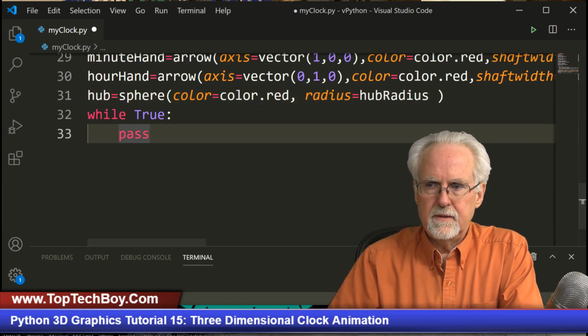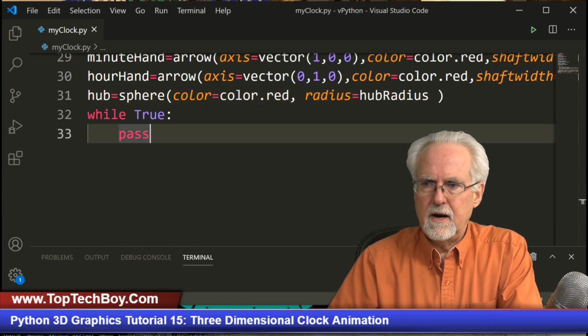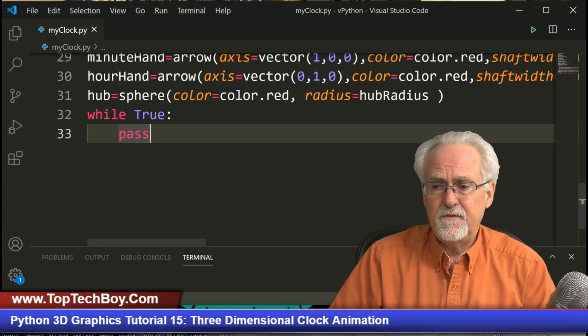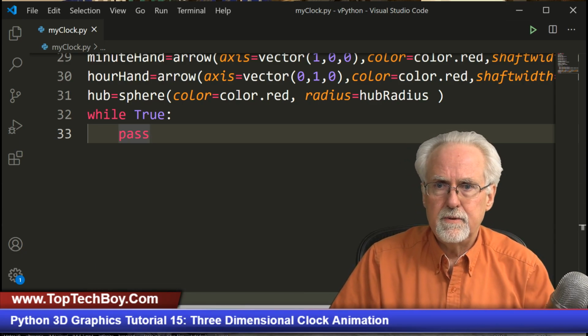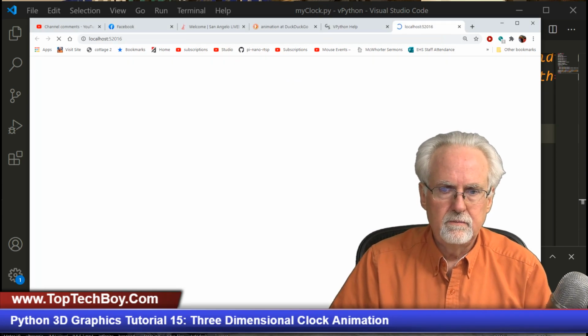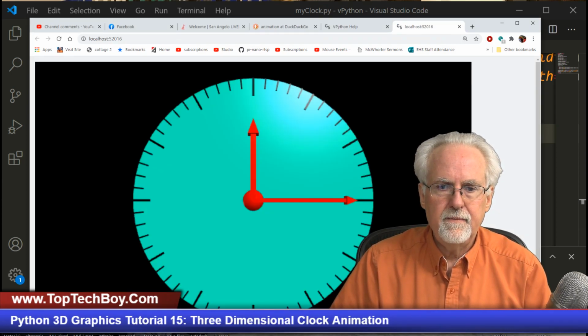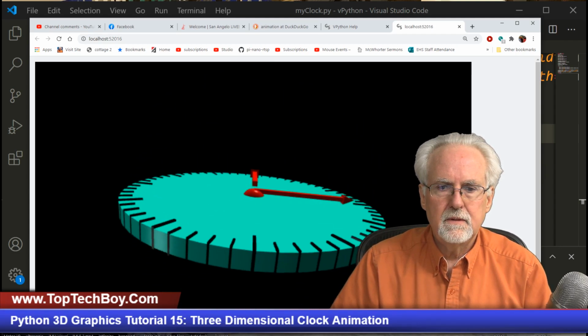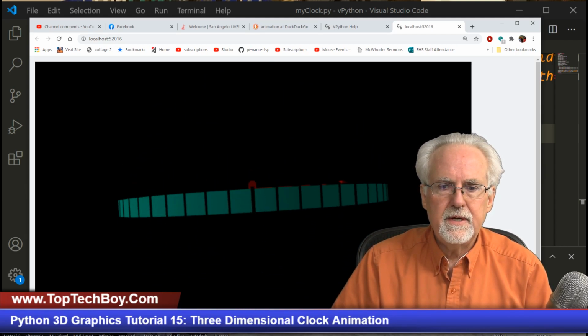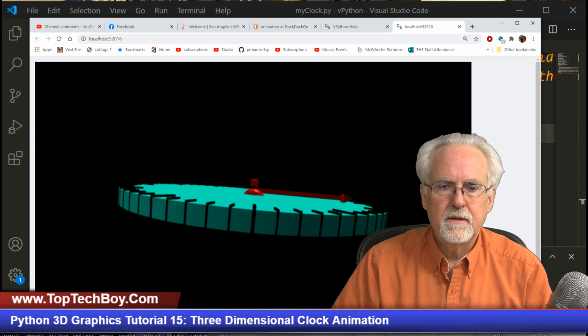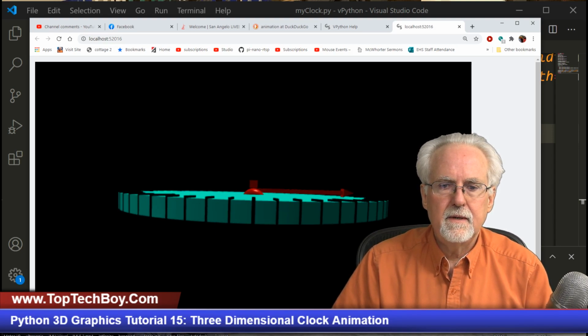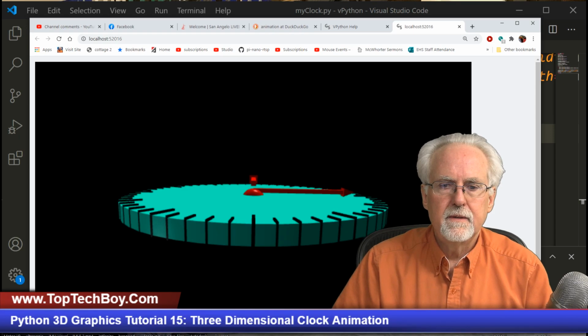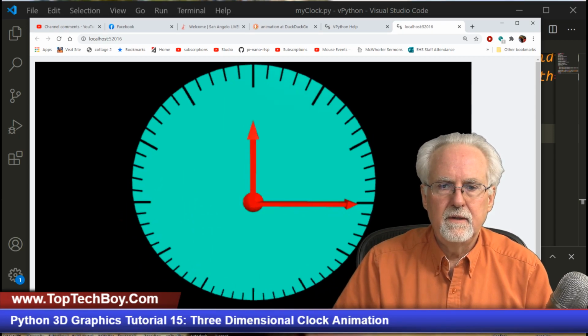All right. So let's see if that gives us a little something to grab onto there. And it's a sphere, so we really don't have to worry about its position. We want it right there in the middle. Okay. Let's look and see if that works. All right. That looks pretty good. I think I need to make it a little bit bigger.